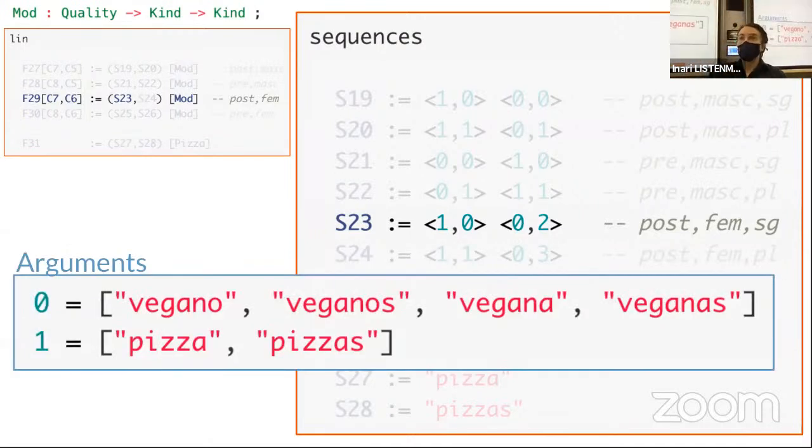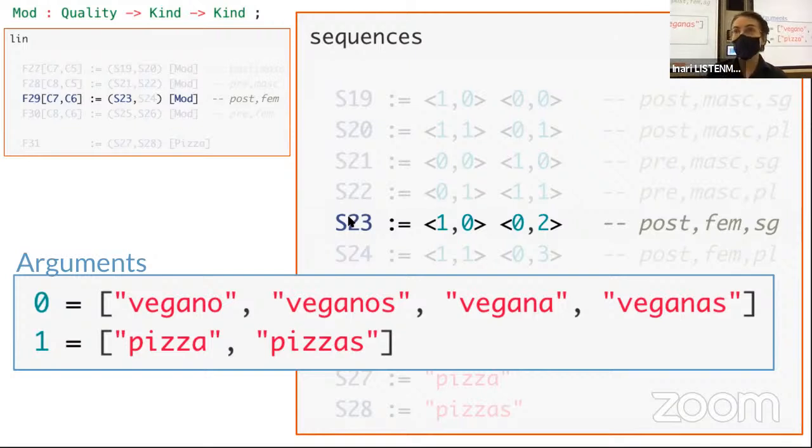Here is the example. This is now post modifier quality feminine kind, and this is the singular version. We know it's singular because it's in the first field of the tuple in this definition of the concrete function.